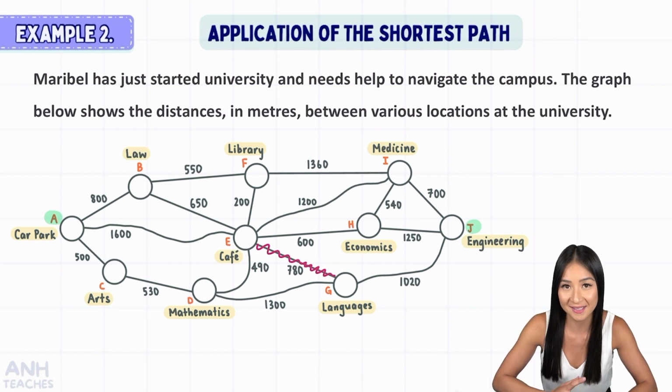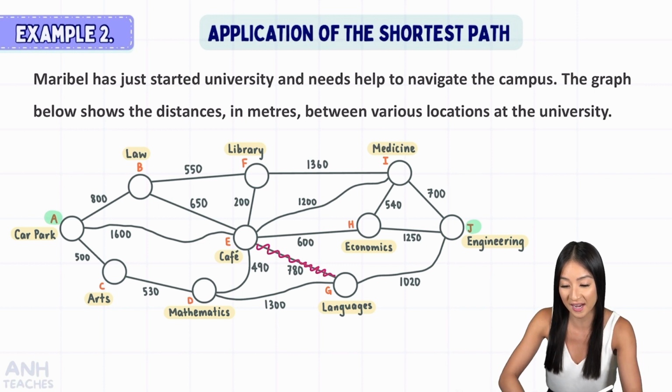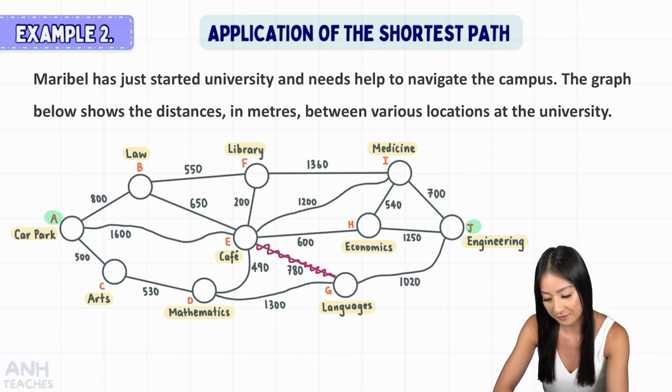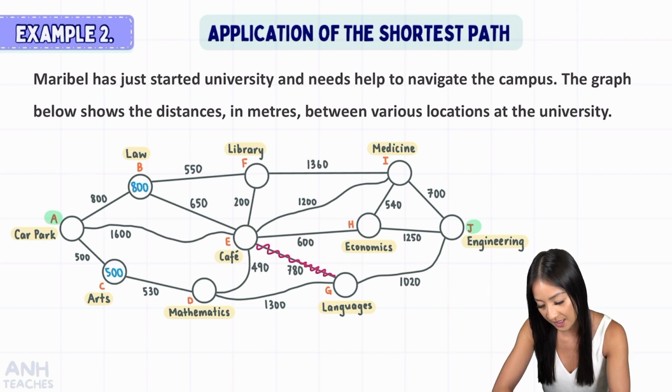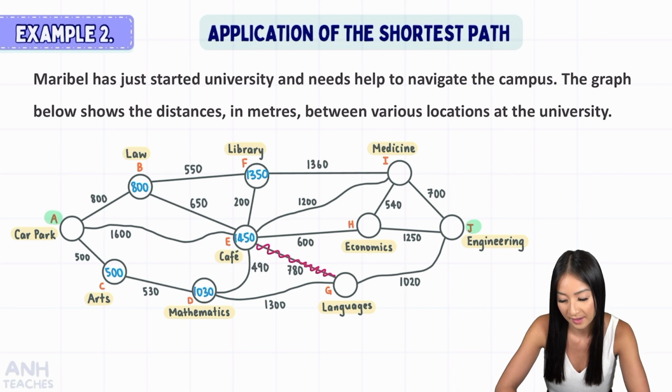Now, I'm going to fill in the vertices prior to vertex E because those are going to be unchanged. I've got 800 here, 500 here, 1,030 and 1,450 and 1,350 here. Okay.